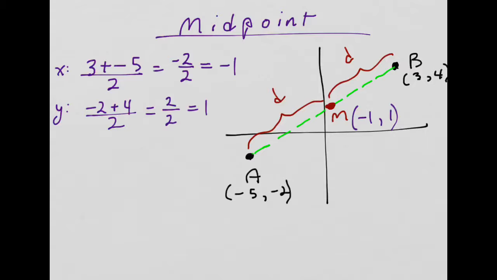Once again, I don't like to use formulas too much for midpoint either, because I find that students try to think too hard and they end up getting the sign wrong. So think about it as an average. Now, what if you were talking about no picture, like you just have these two points right here?